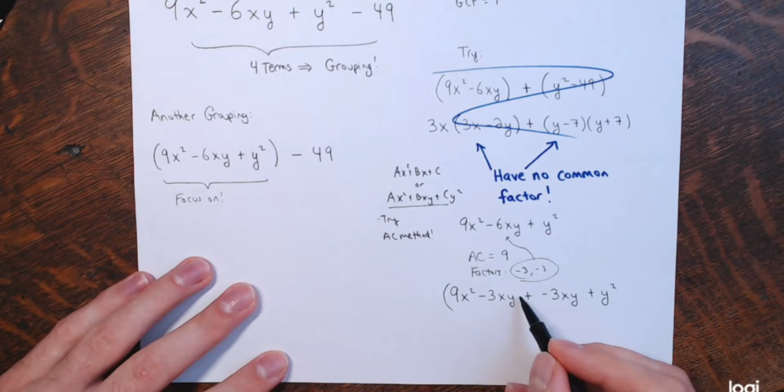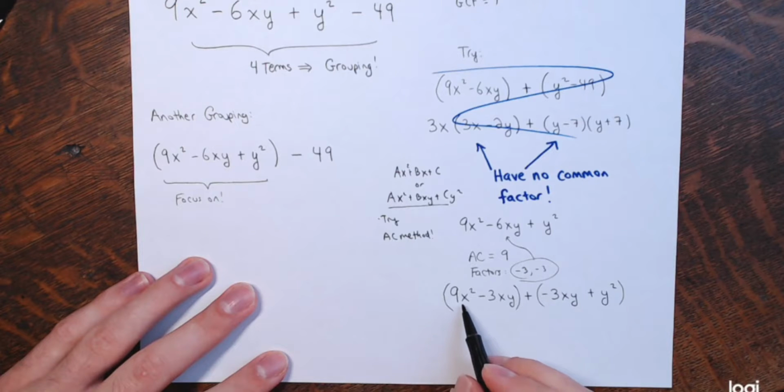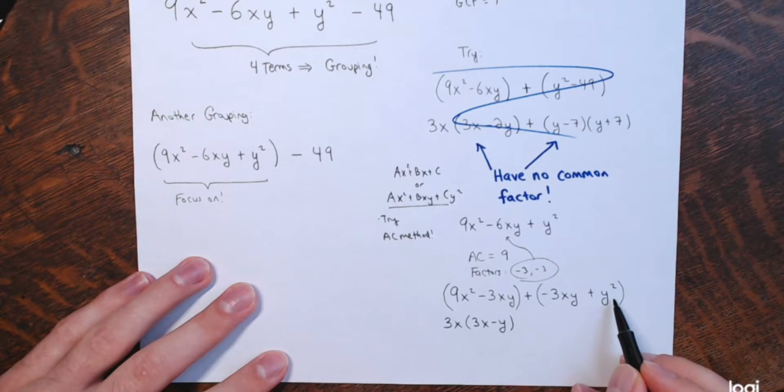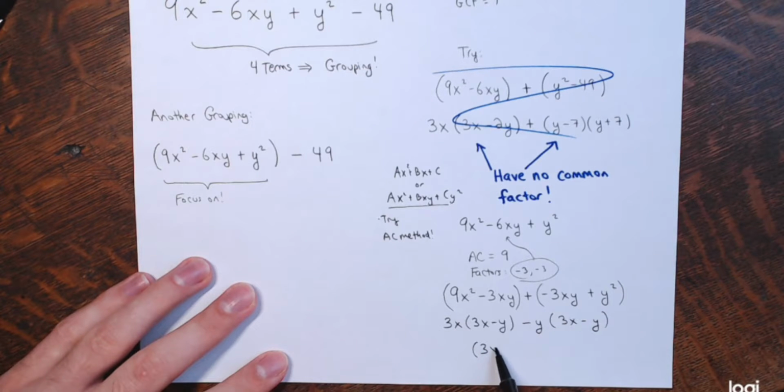Then I have the two groups of 2. The first group, pull out 3x, and you'd have 3x minus y left over. Second group, I'd pull out minus y, so plus minus y, I'll just make minus y. And if I do that, I'll have 3x minus y. And then they both have 3x minus y, so 3x minus y comes out, and what's left over is also 3x minus y.